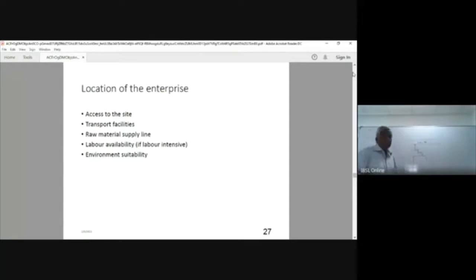So depending on the nature of the project and what they are going to do, you decide whether the access of the site is good enough. That is one thing, access. In transport facilities, whether sufficient transport facilities are available. Maybe the project may not have their own vehicle. They want to hire vehicles and send. So whether the transport facilities are there.